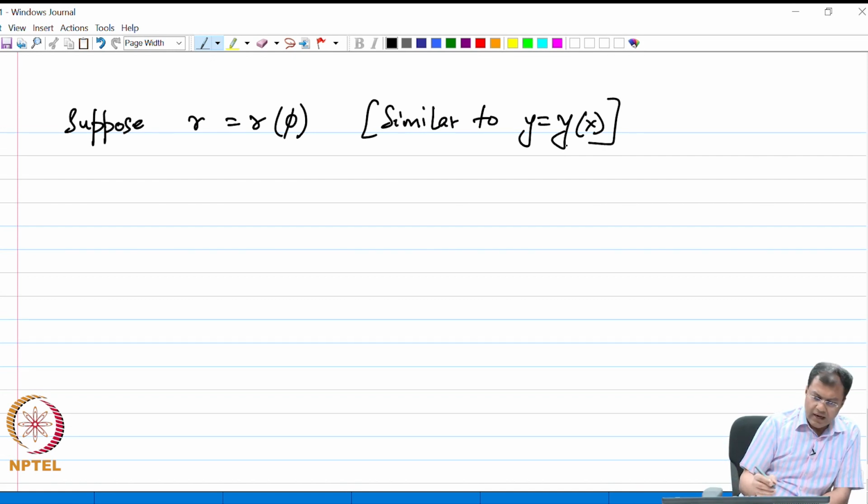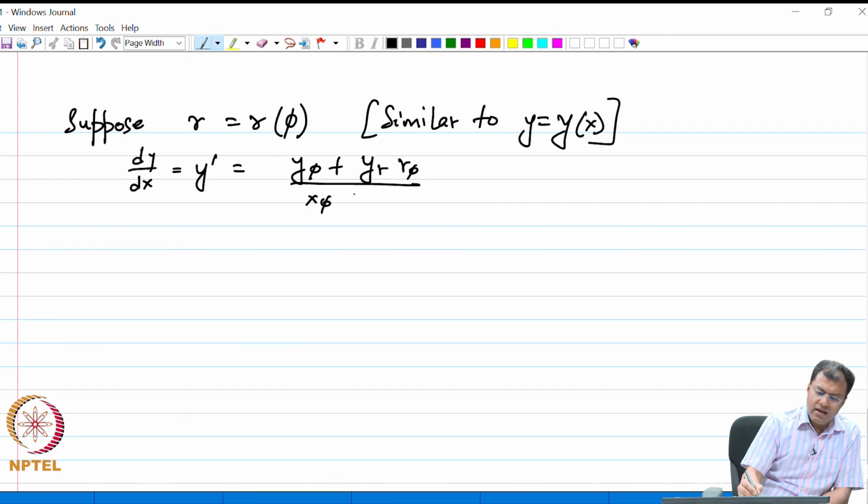So, then my y prime, which is dy dx, is also equal to y phi plus y r r phi, divided by x phi plus x r r phi, right. And then once we evaluate, we know exactly the relations for y and x in terms of r and phi.